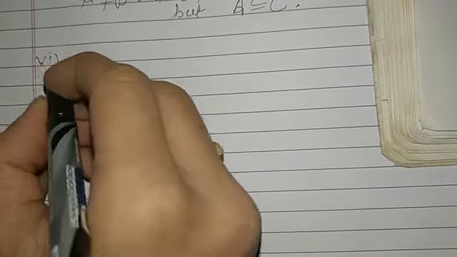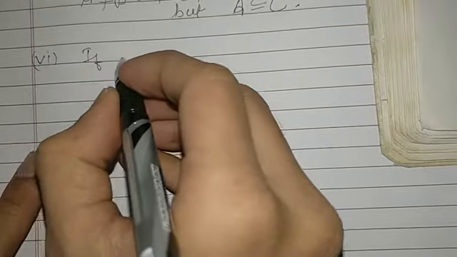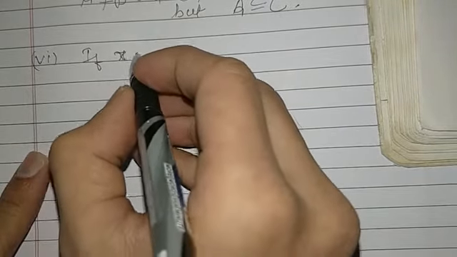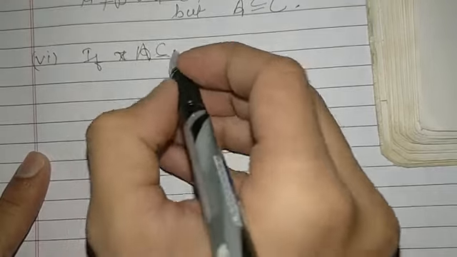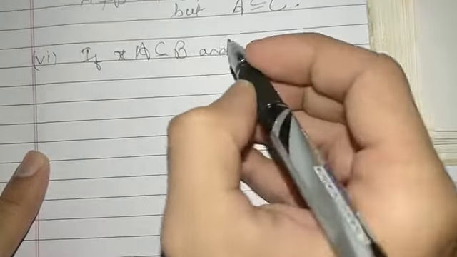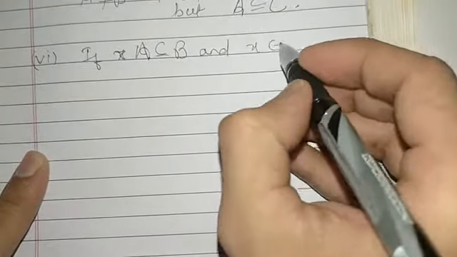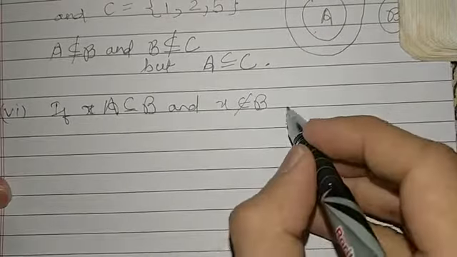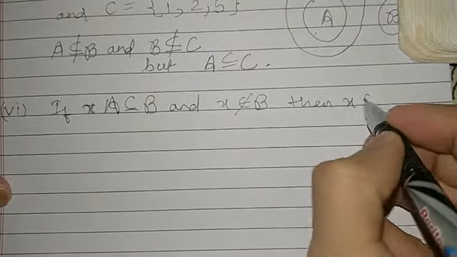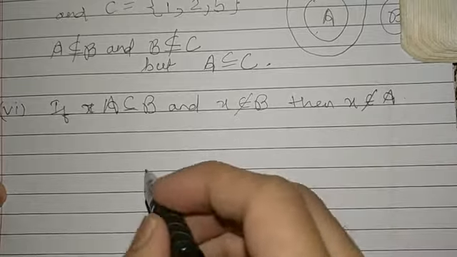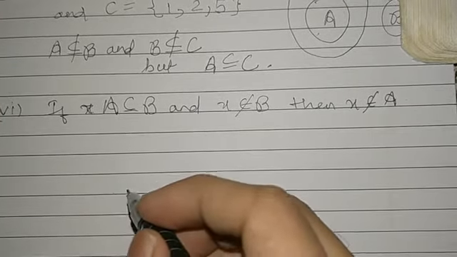So let us write it. Sixth: if A is a subset of B and X does not belong to B, then X does not belong to A also.